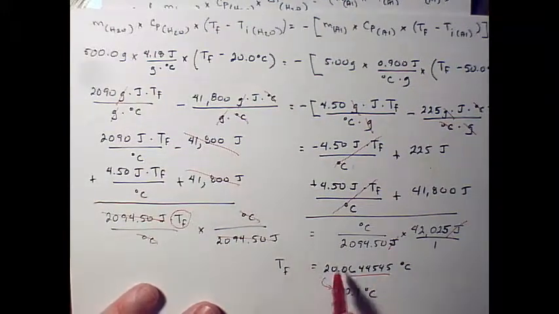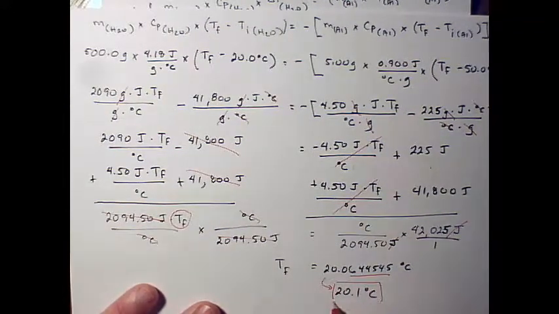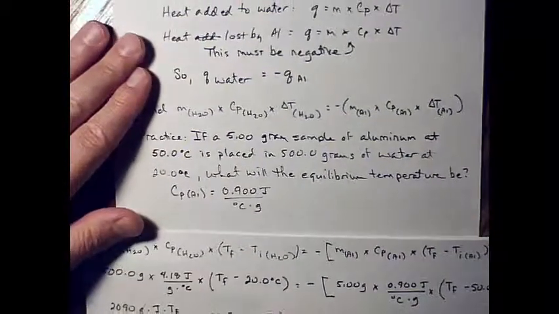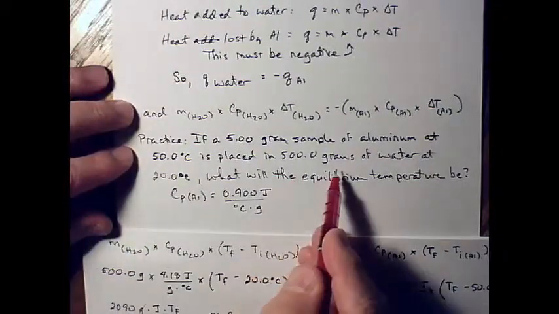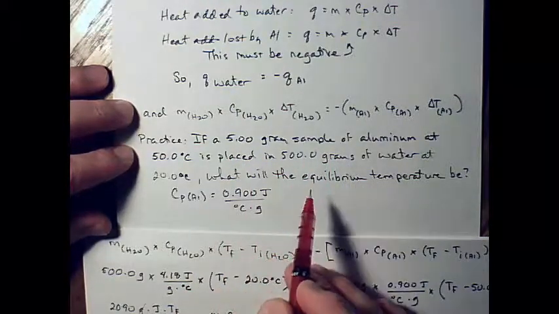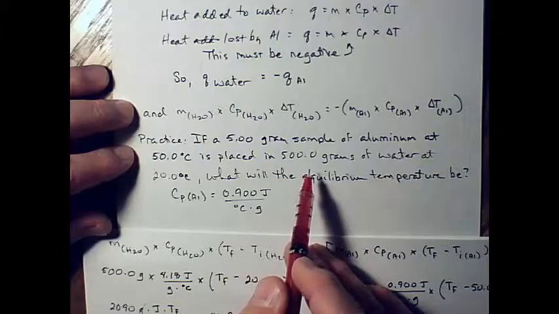Is that in between the two starting temperatures? Barely? Okay. Well, let's ask ourselves, is this reasonable? Let's ask about the reasonableness test. The problem says that we had 500 grams of water versus only 5 grams of aluminum. So the temperature should be closer to water because there's a lot more water.